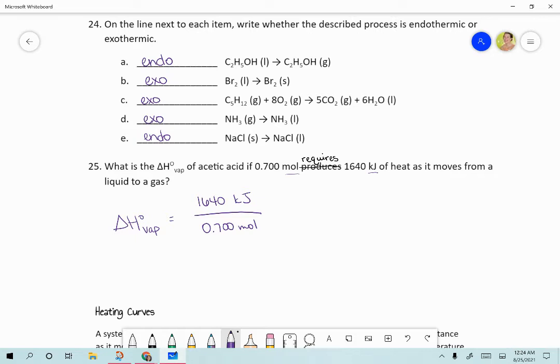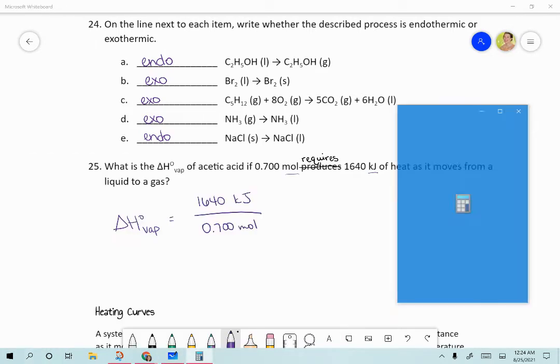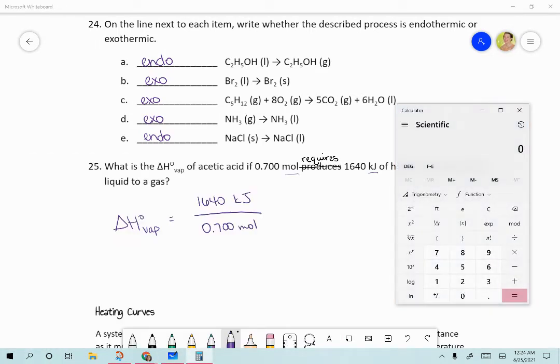So when I take 1,640 and I divide it by 0.7, I get this long number, but I want to make sure that I answer the right number of sig figs. Each of these numbers has 3, so I am going to round this answer to 3 sig figs, which would be 2,340.